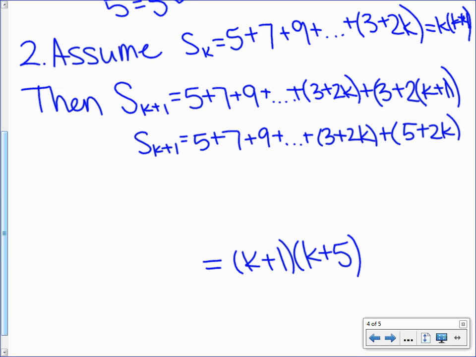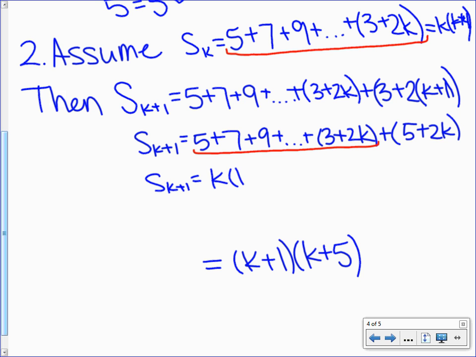Now, what do we know about what I highlighted in red? We assumed that the sum of the first k terms is k times k plus 4.